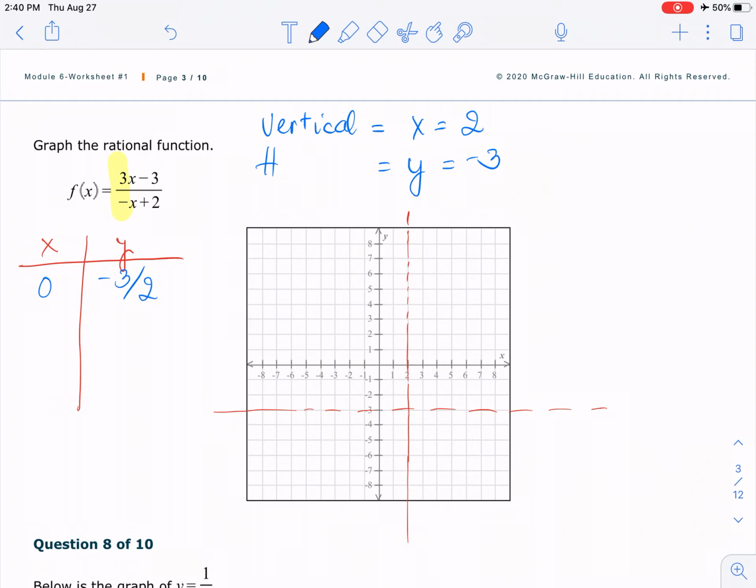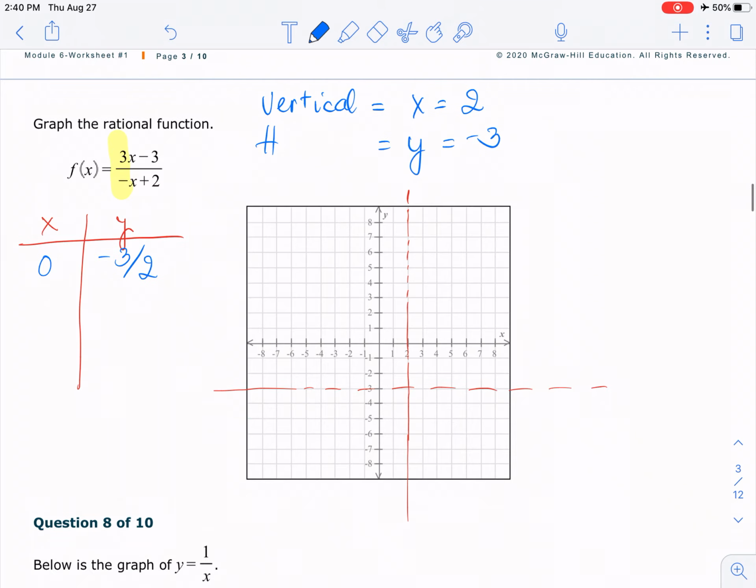You can definitely put y equal to 0 and try to solve for x, or we can just randomly pick some point. How about when x equals 1? When x equals 1, that's when y equals 0.